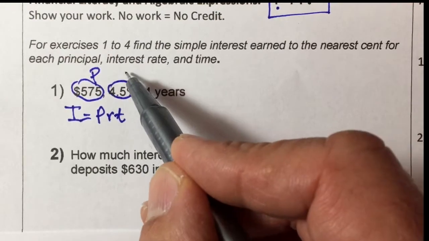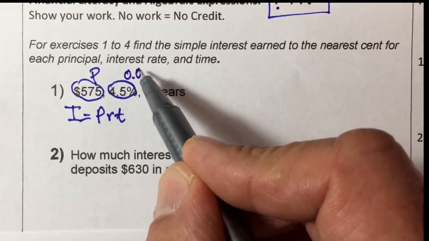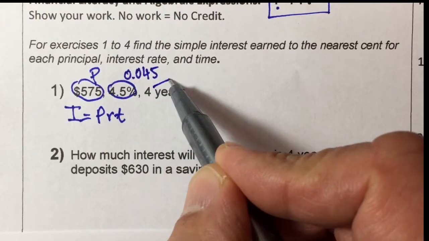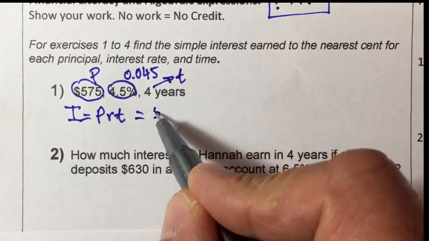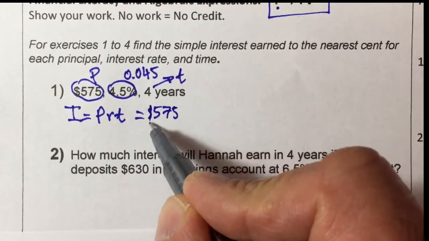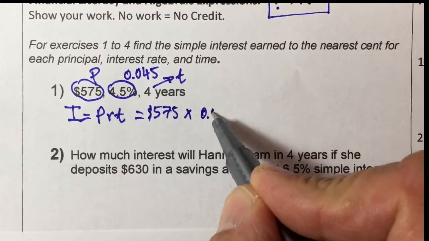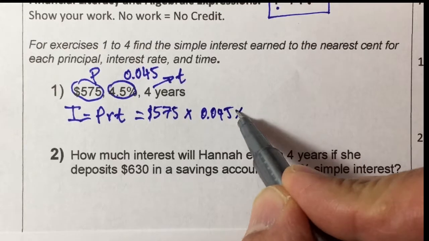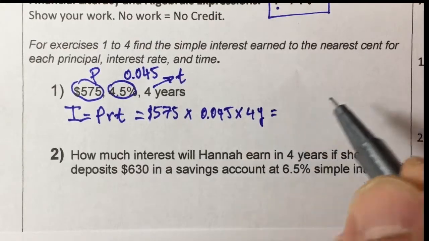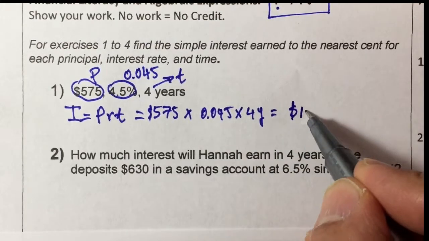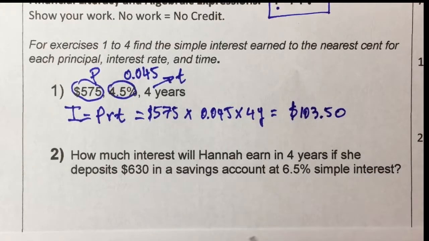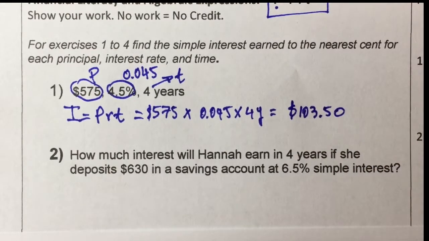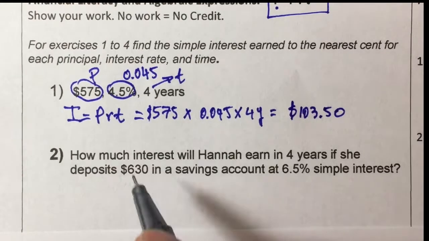This is my rate in decimal, 0.045, and this is my time. I'm going to just replace it in this formula. It's going to be $575 times 0.045 times 4 years, and this gives me a total of $103.50 earned in interest.